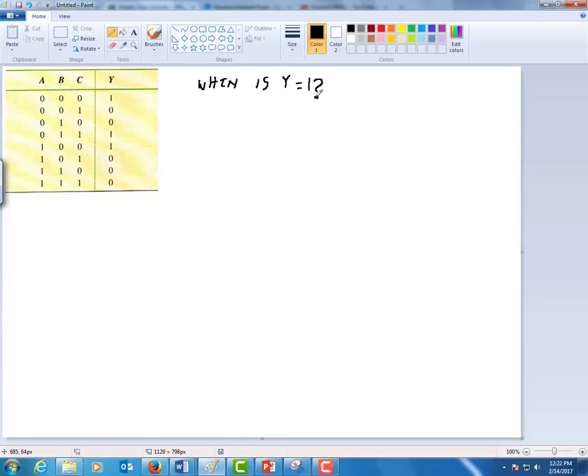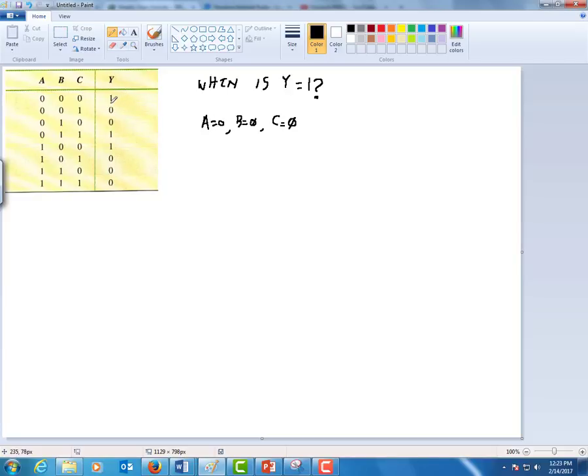Big old question mark there, right? So it's going to be equal to 1 when A equals 0, and B equals 0, and C equals 0, right? You agree with that? Here we have when A is 0, B is 0, and C is 0, y is equal to 1.